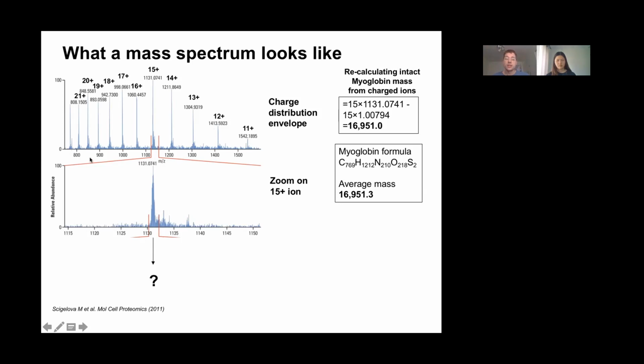Just one thing to hammer home is that the mass spec is seeing the mass to charge here. And so you can notice that at lower mass to charges, you are having the more positively charged ions because it's M over Z. And so even from a single ion here, if we take the 15 plus ion, we can back calculate the intact mass of the protein that we injected just by multiplying it by 15, because that's M over Z, multiply it by Z. And then you subtract the 15 protons that it accumulated during the ionization process.